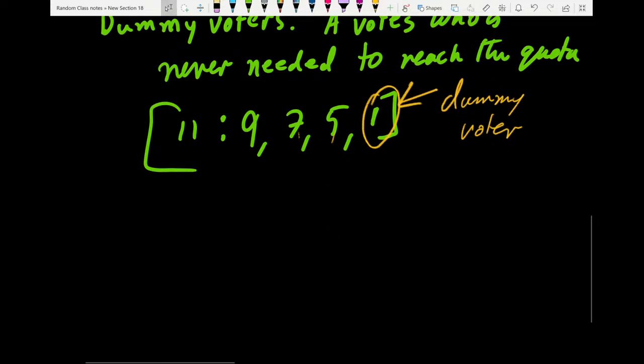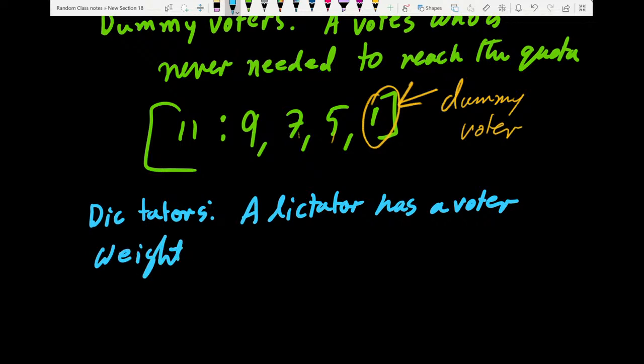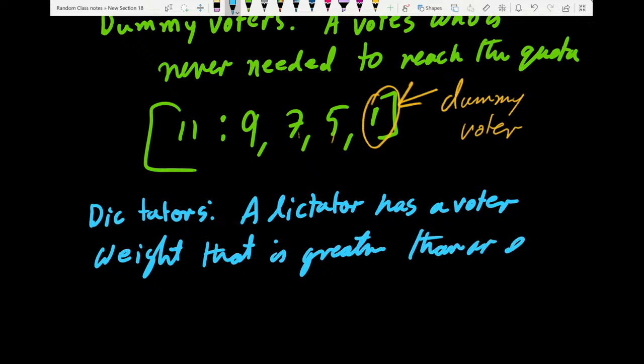All right, now dictator. A dictator has a voter weight that is greater than or equal to the quota.